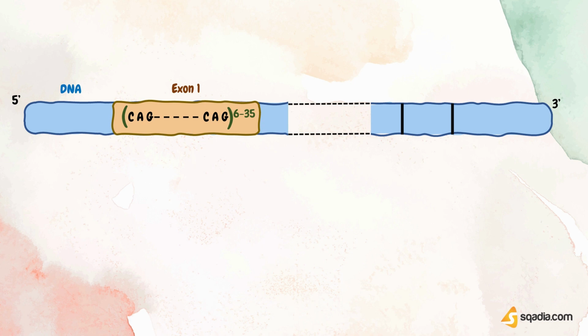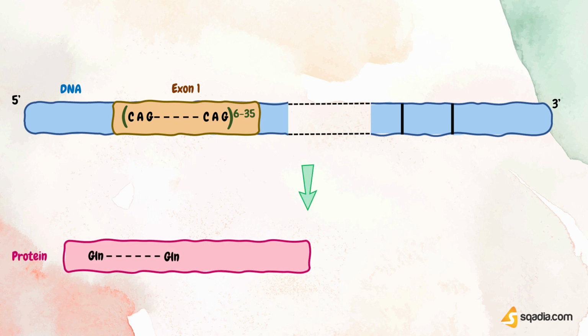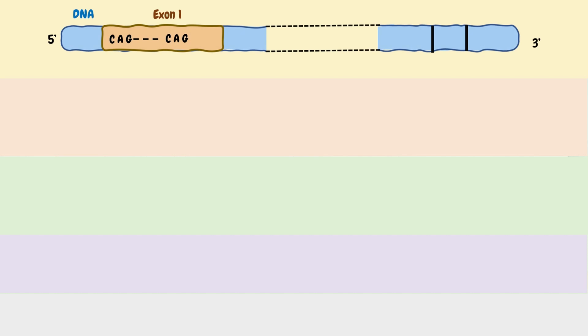This CAG codes for glutamine, but in the diseased condition, the Huntington gene contains a highly polymorphic CAG trinucleotide repeat series in an exon near the 5' end. In most patients, this is abnormally expanded, possibly due to slippage of DNA polymerase during spermatogenesis.